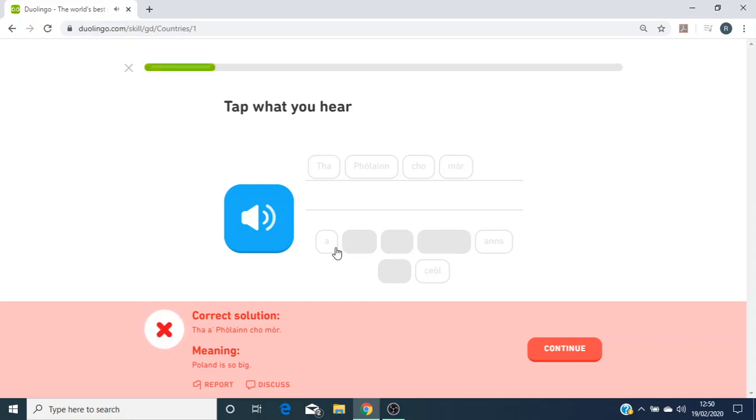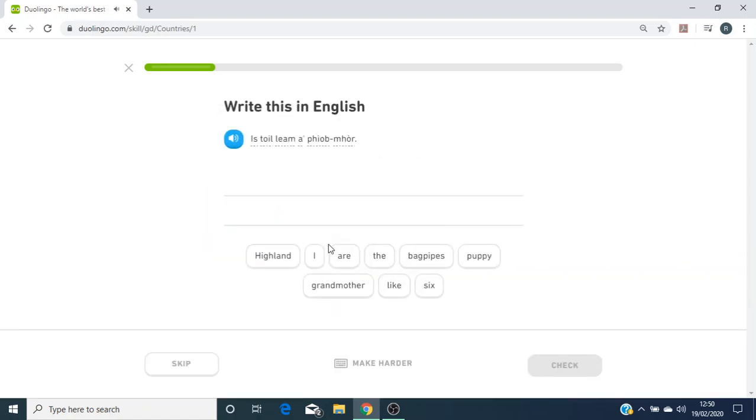Oh, bugger, I missed the article. That's I like a fib for the Highlands or bagpipes? Fib. The Highland bagpipes.